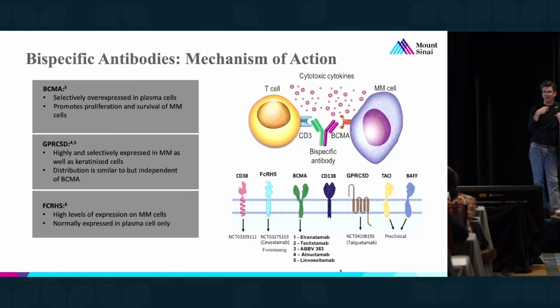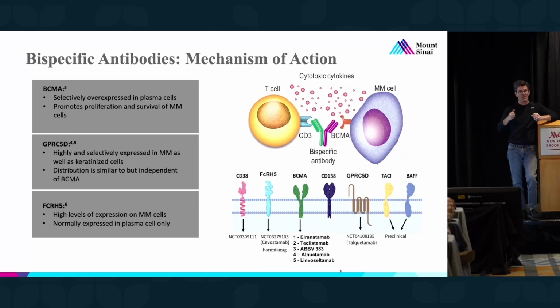And instead of calling it a bispecific T-cell engager, where we have one arm grabbing the immune cell and the other arm grabbing the myeloma cell through BCMA or GPRC5D, it's going to have two little arms grabbing the myeloma cell, whether it be BCMA and GPRC5D or two different targets on the myeloma cell, to try to give it a bigger grip and be more effective.